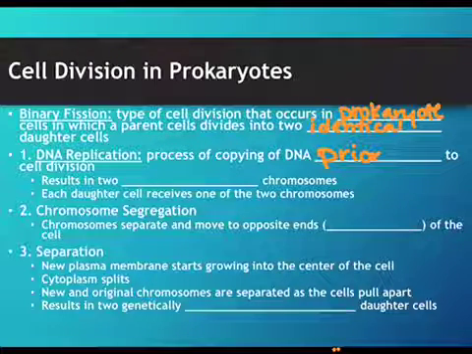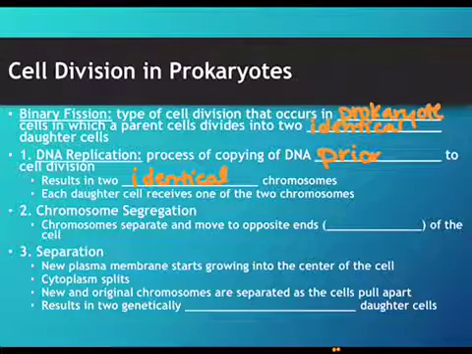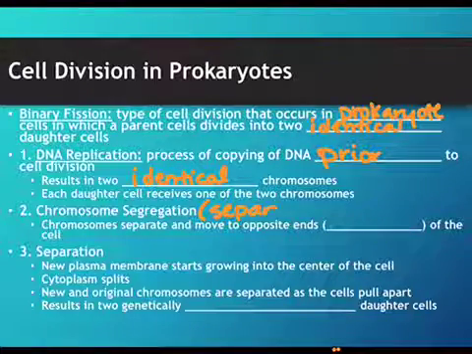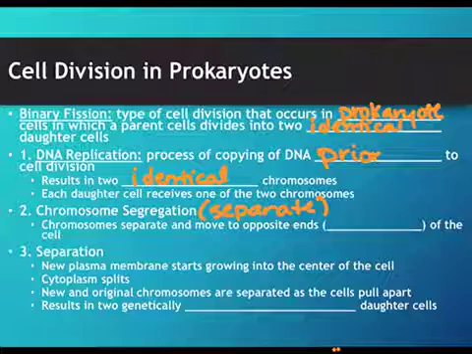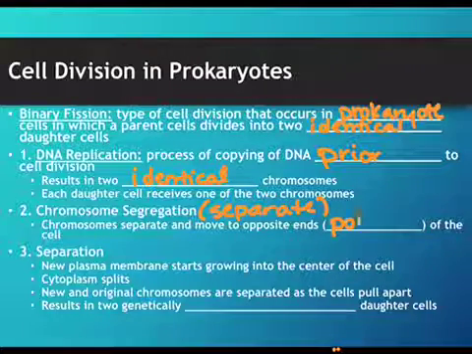And this results in 2 identical chromosomes. Each daughter cell will receive one of the 2 chromosomes. Once the DNA has replicated, the chromosomes segregate or separate. They move to opposite ends of the cell, and we call those opposite ends the poles, kind of like the north and south pole.